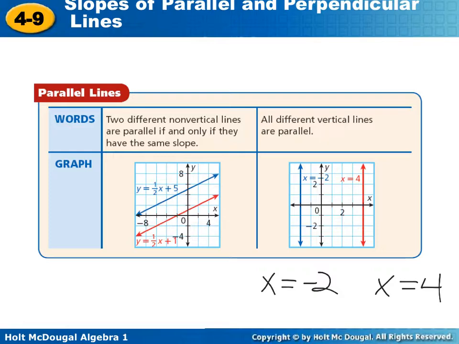Same thing for the horizontal. If you had two horizontal lines running through this graph, let's say a green one here, and then a yellow one, the yellow would also be parallel, but they're horizontal.